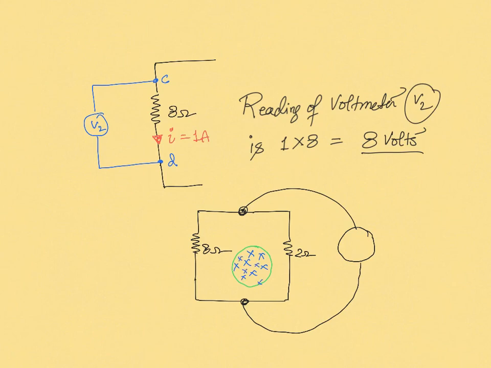So the culprit behind breaking down our intuition. Okay. So when you place the voltmeter here, it will give a reading of 2 volts.